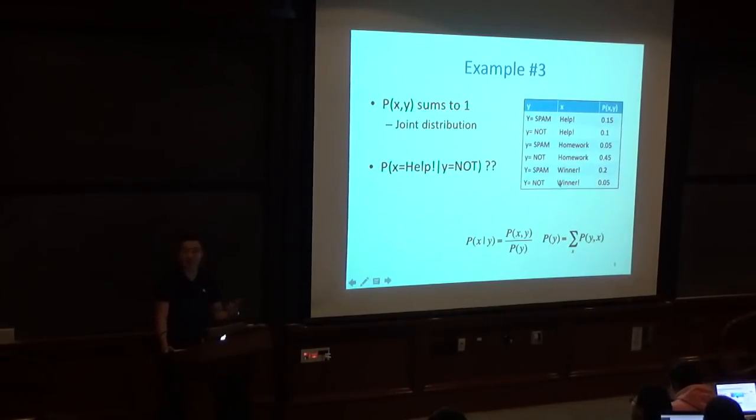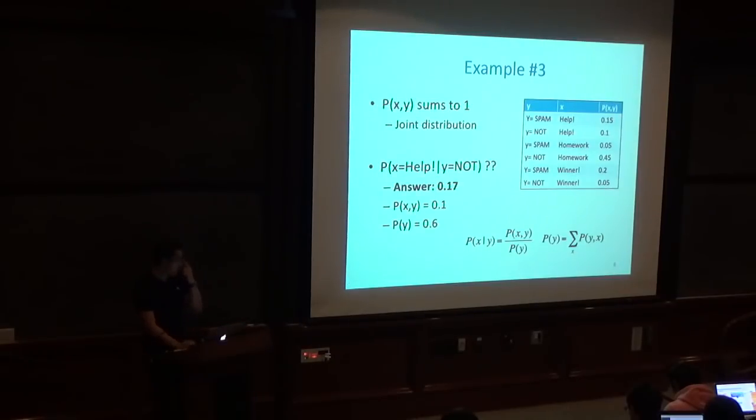They're in some sense interchangeable in their meanings. So if I've estimated this joint probability model, I can compute p of x given y just as easily as I can compute p of y given x. So the answer is 17%.